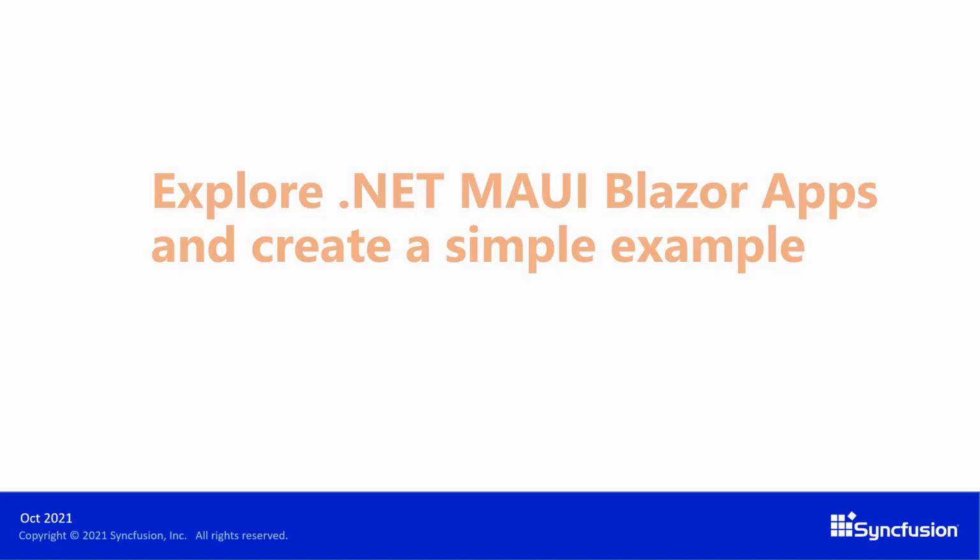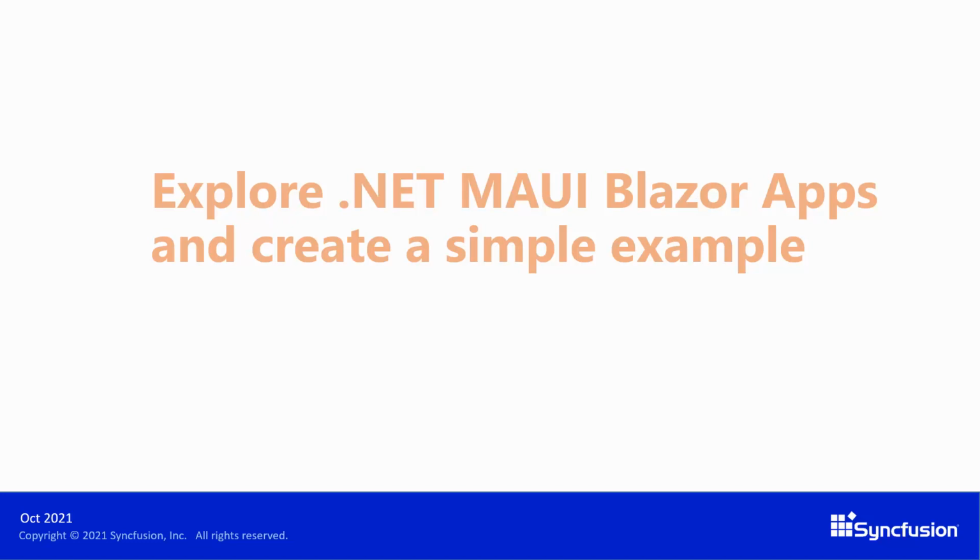And here it will render the web UI to an embedded web view control. We'll see in a demo project how this works. This approach gives you the best of both the native and the web. To summarize in a single point, .NET MAUI Blazor apps can run anywhere .NET MAUI can.